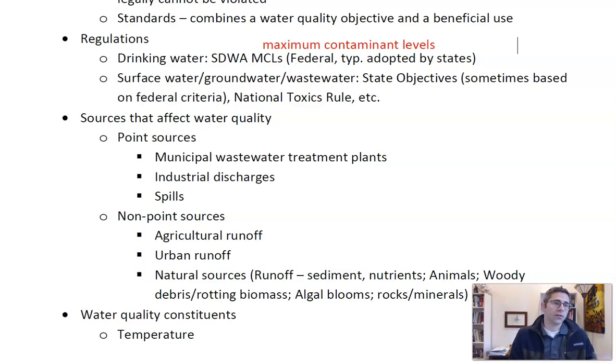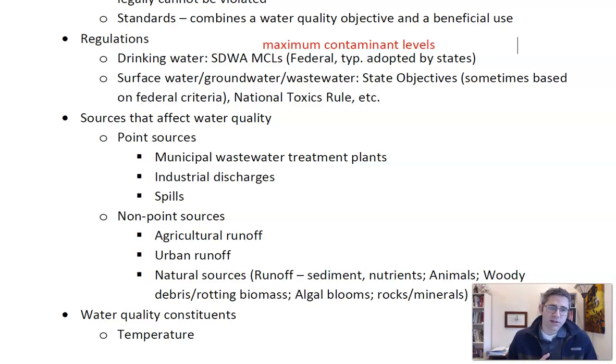We're going to enforce the federal standards at this level. With MCLs, usually the federal government does all the work to establish what they should be in order to protect human health, and then states will adopt those. Then in the surface water, groundwater, and wastewater world, it's a lot more complicated. Every state tends to have their own set of objectives.